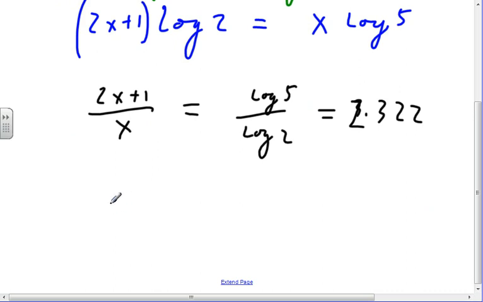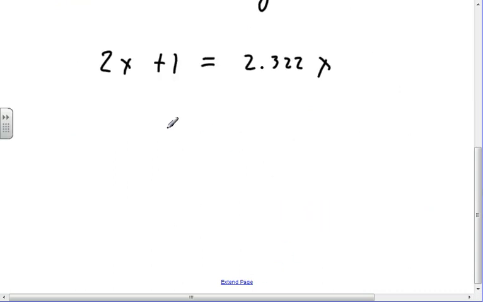Okay, so now I'm going to say 2x plus 1 is equal to 2.322x. And then I'm going to say 1 is equal to 0.322x. And I'm going to say x is equal to 1 divided by 0.322.